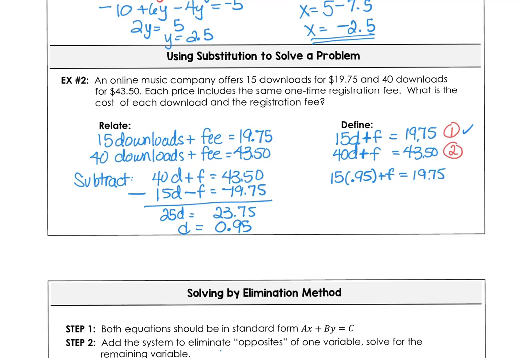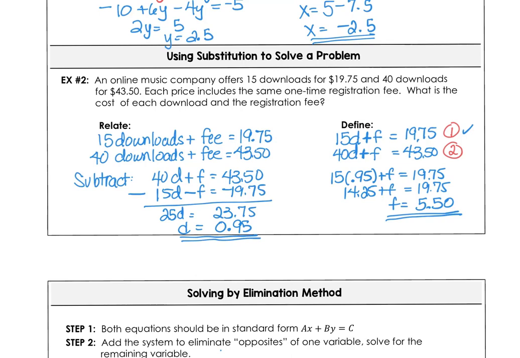So we have 14.25 plus that fee is 19.75, and subtracting 14.25, the fee is $5.50. So your download would cost 95 cents, and the one-time fee is $5.50.